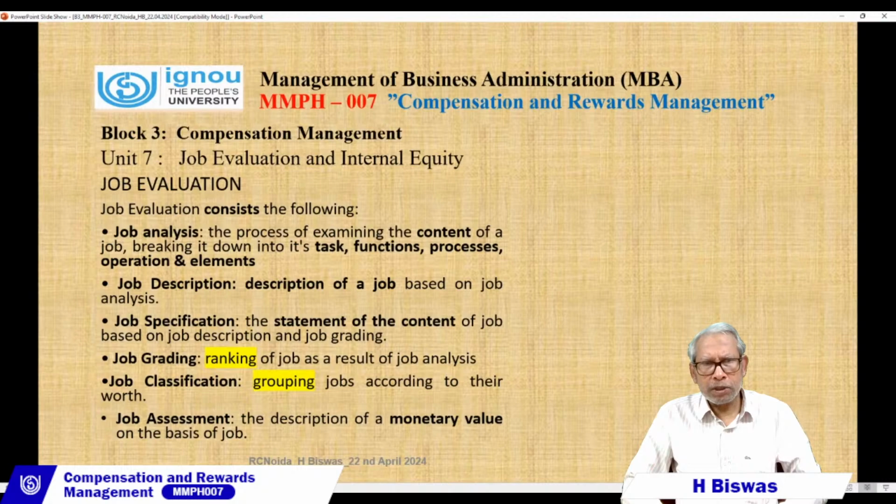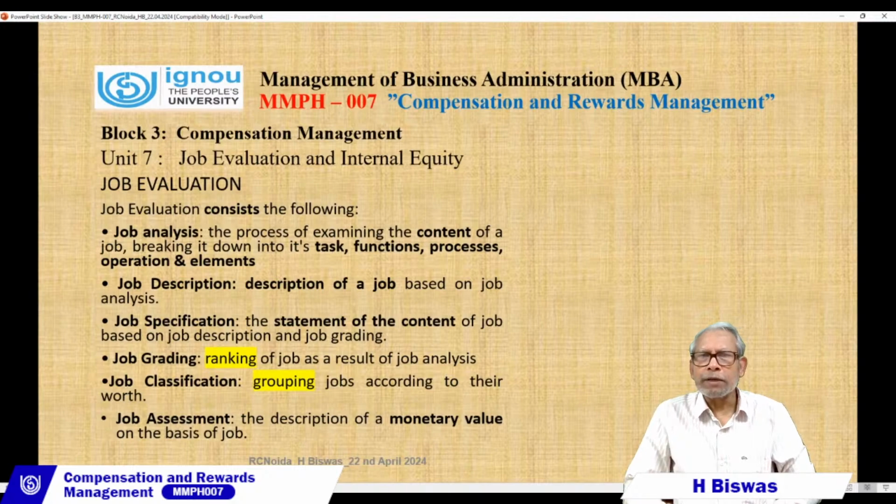Then job descriptions, a description of a job based on the job analysis. Job specification is a statement of the content of the job based on the job description, and job grading also. Here I would like to emphasize and highlight one thing. There are three things we normally come across: job analysis, job description, and job specification.